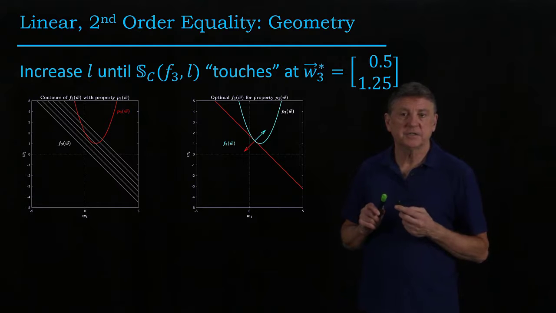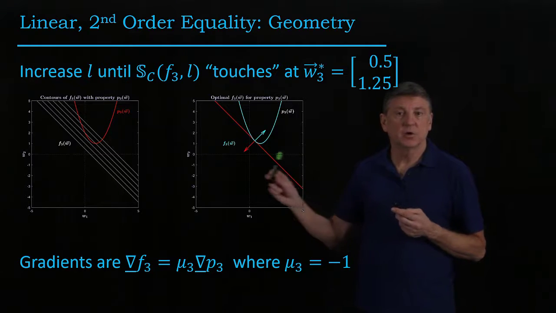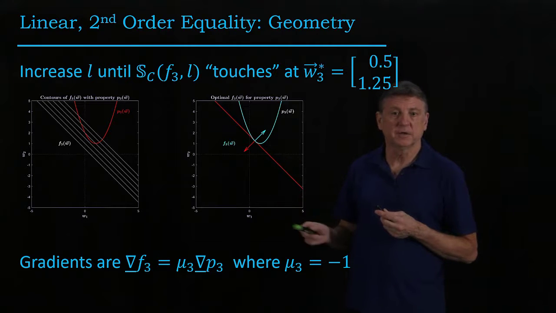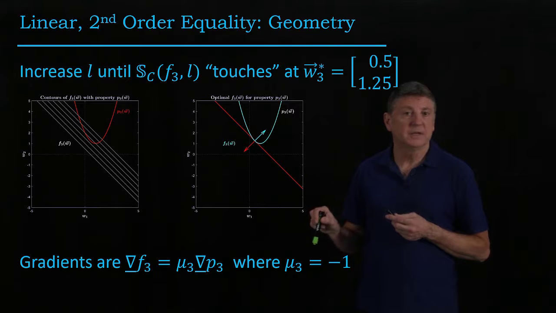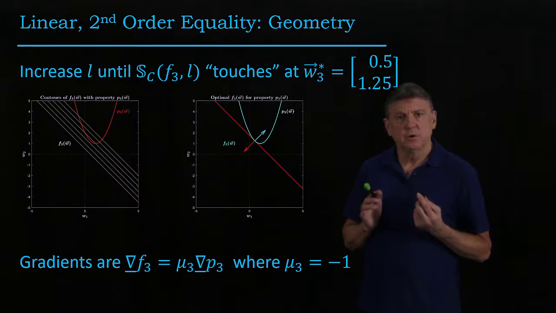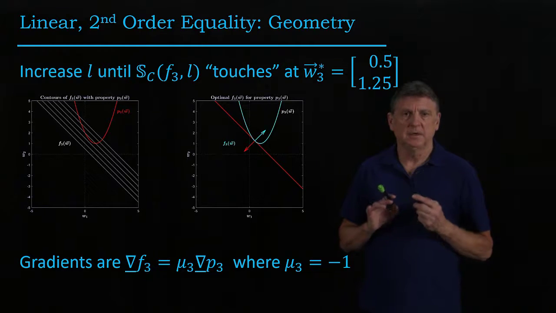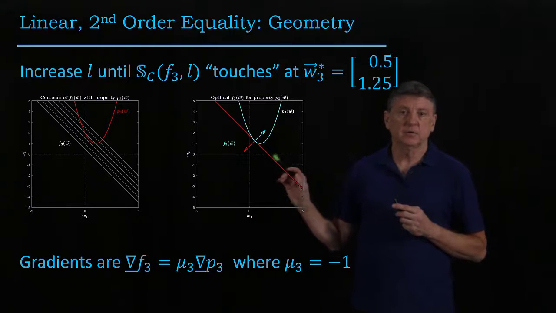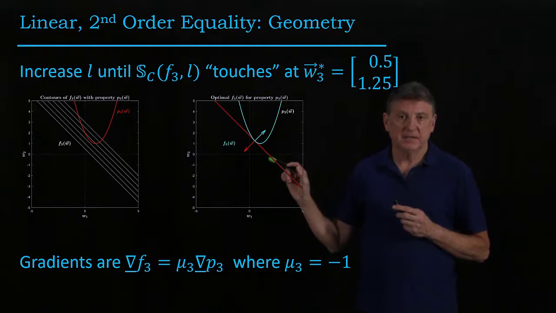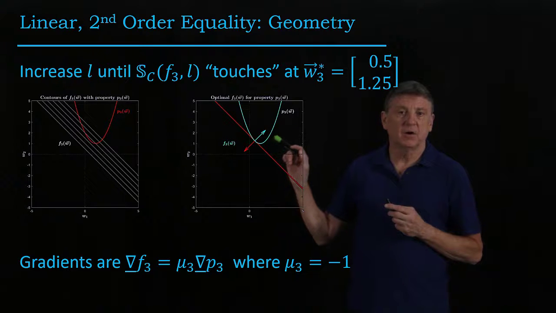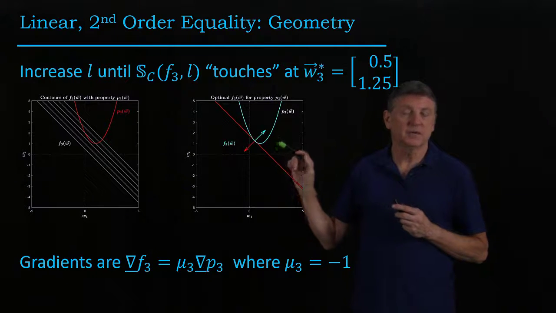When we do the computations, we find that the gradients are once again parallel. In this case, they're opposite to each other, and the multiplier for them is the scalar -1. So now, in these 3 sessions, we've persistently seen that even for non-convex problems, when the level curve of the objective exactly intersects a level curve of the property, the gradients are parallel and are a scalar multiple of each other.